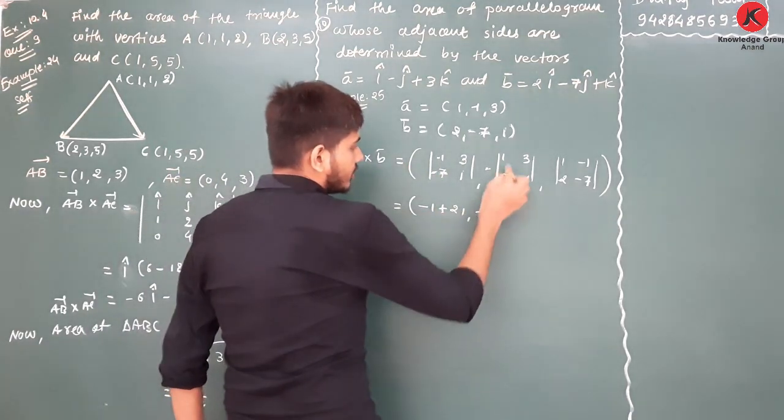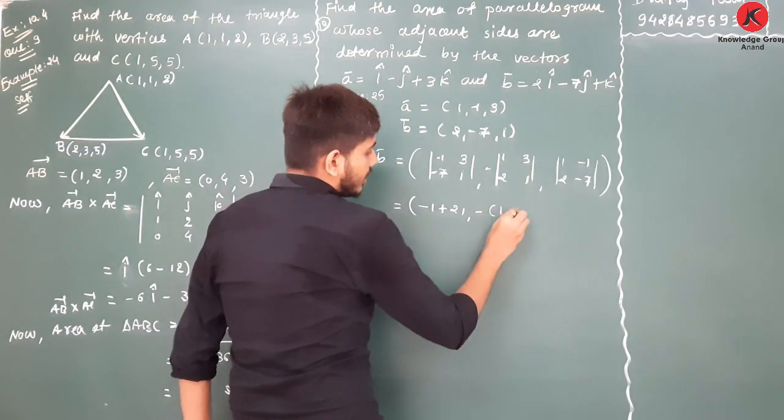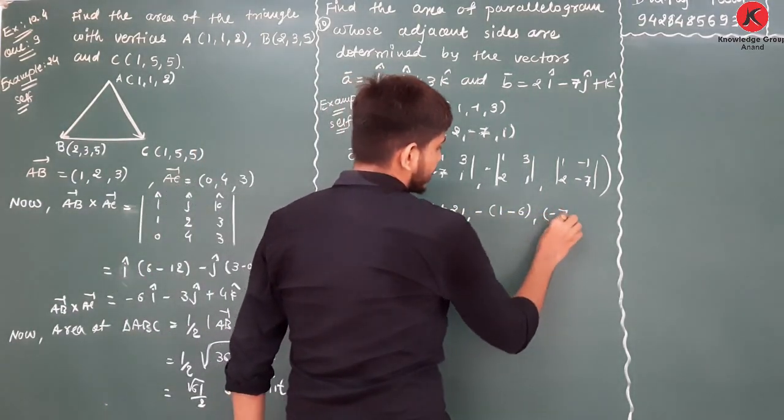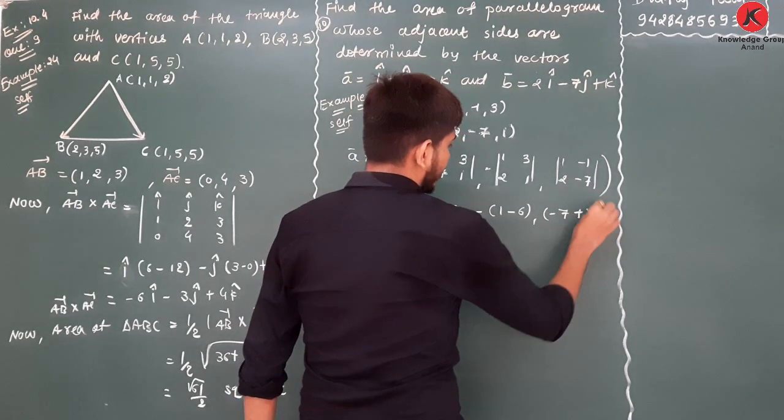Next, minus 1 minus 3 2s are 6. And the last one, minus 7 minus minus plus 2.